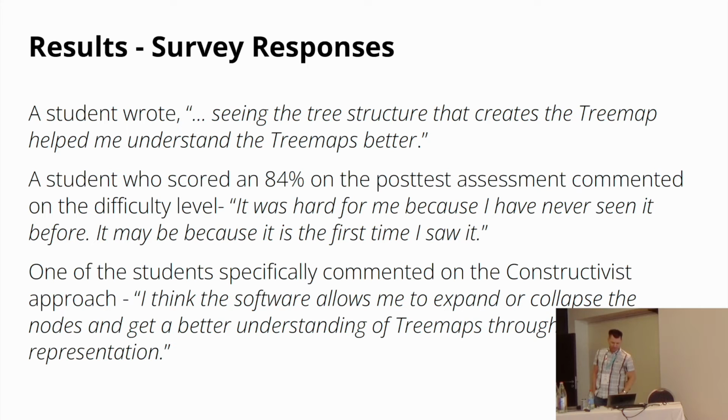This is some feedback from the actual post-intervention interview and survey. So this is some verbal feedback. Seeing the tree structure that creates the tree map helped me understand the tree maps better, and so on. So kind of typical comments. I think the software allows me to expand or collapse the nodes and get a better understanding of tree maps through the node name representation.